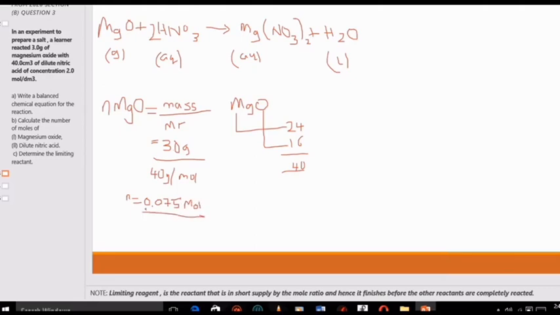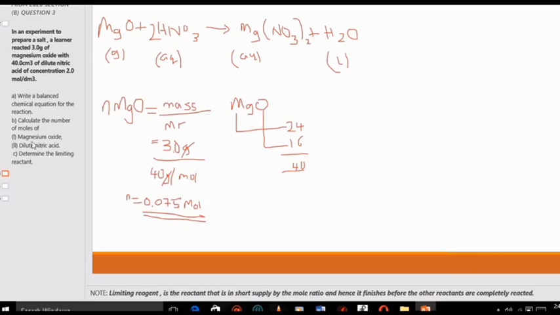That's our final answer there. Of course, the grams cancel, that's why they are not here. So 3.0 divided by 40, the number of moles is equal to 0.075 mole.